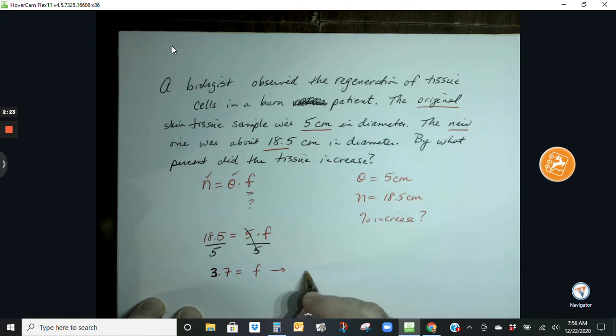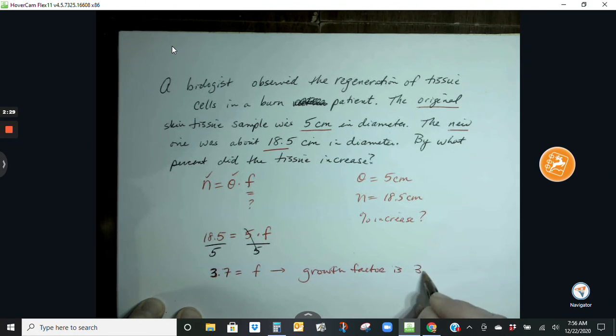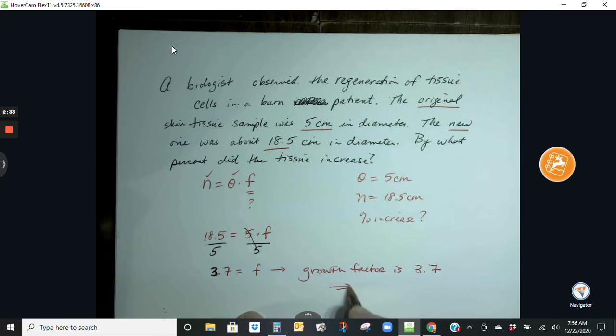Let's be careful. The growth factor is 3.7, which, move it 2 places to the right, is 370%. No shocker there. I would expect tissue to grow probably pretty rapidly.